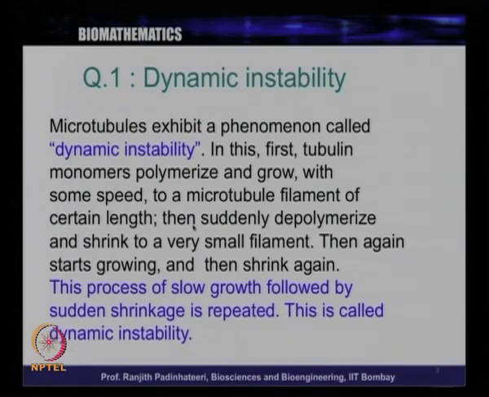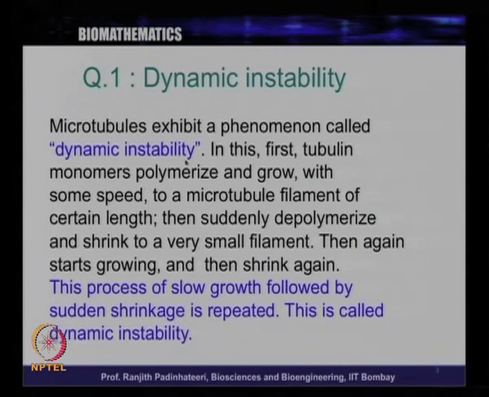Then suddenly it depolymerizes and shrinks to a very small filament, then again starts growing, then shrinks again. This process of growth followed by sudden shrinkage is repeated. This is called dynamic instability.